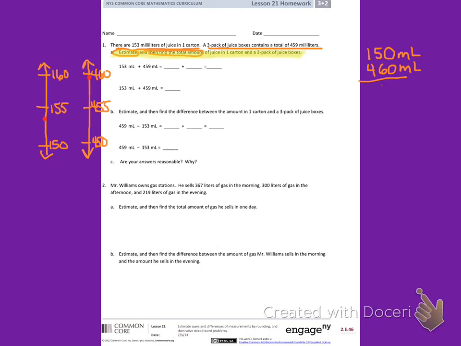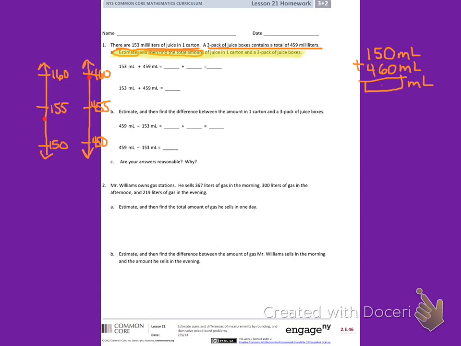Since I am supposed to find the total amount of juice, I will add. You can figure out the answer now yourself. Finish the algorithm, label the unit of measurement, and record your answers.